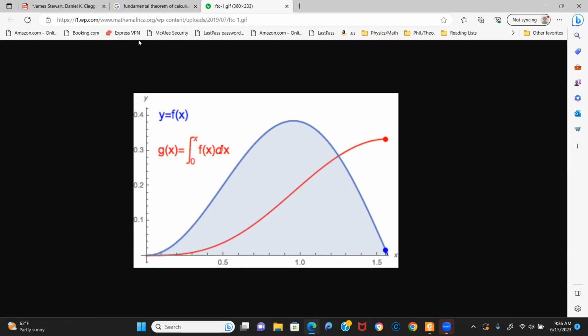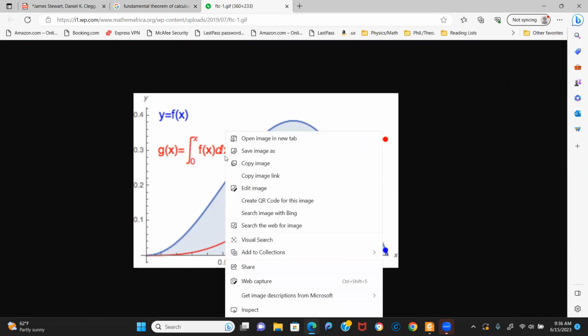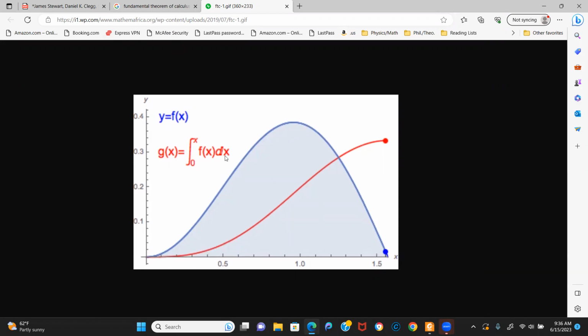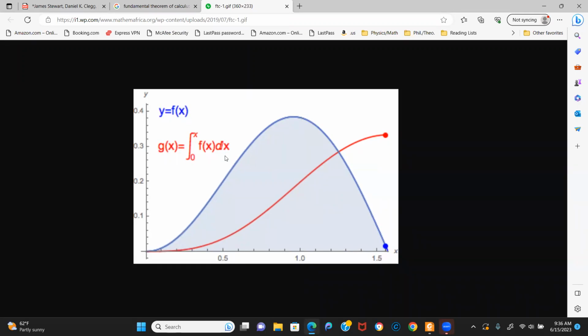But anyways, hopefully you can see where my cursor is. This x should not be an x, and this x should not be an x. This should be t and dt, because you want it to be different than the upper bound right here. You want these to be t's here. So just mentally in your mind, replace this x in the f of x with t, and this dx with dt. Let me refresh the page so you can see what's going on.